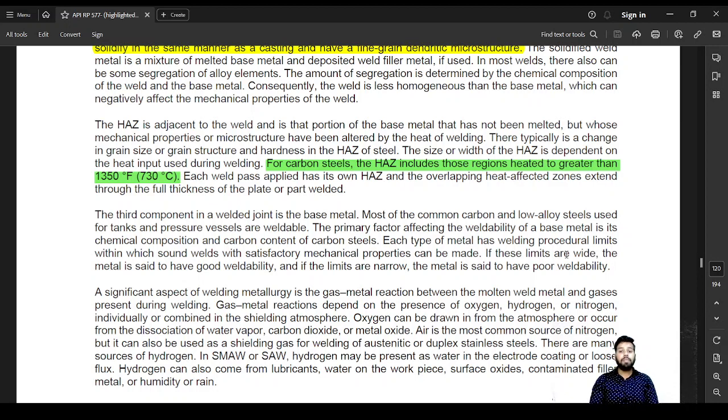Okay. There is typically a change in grain size or grain structure and the hardness of the heat affected zone. The width of the heat affected zone depends on the heat input used during welding. For carbon steel, the heat affected zone includes those regions heated to greater than 730 degrees Celsius.